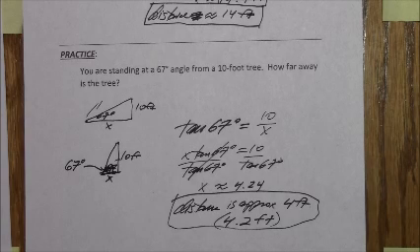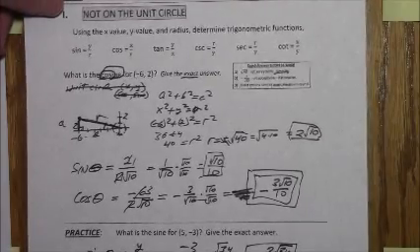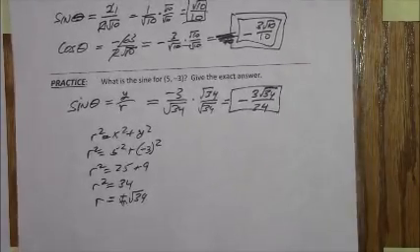So you have seen in this case, in part 1, let's go back to that. In part 1, how to find a trig function for an angle that is not on the unit circle, and a practice problem for that.